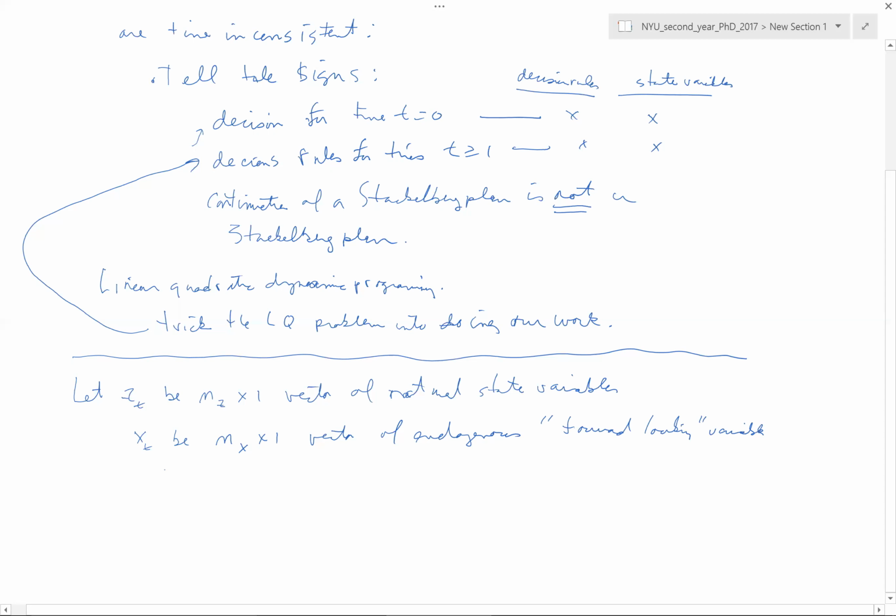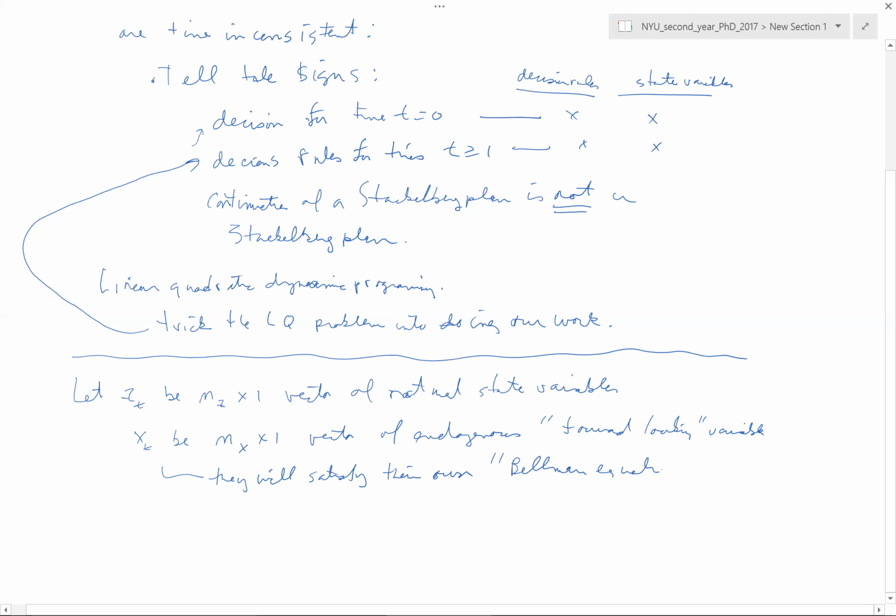These things will satisfy their own equations, and often these are their own Bellman equations.